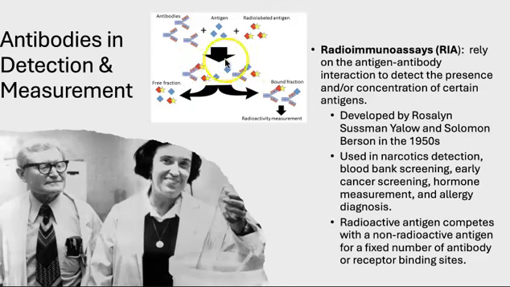After a few steps, then we are going to look at the amount of unbound tagged antigens so that we can see how many were displaced, which will indicate for us the presence and concentration of the antigen within the blood.